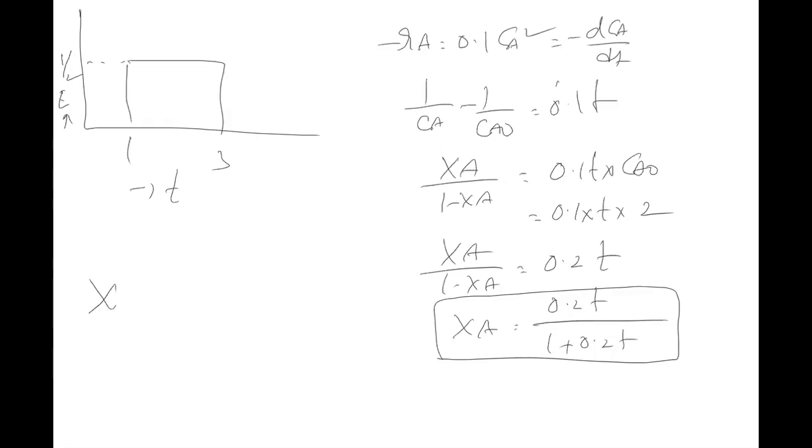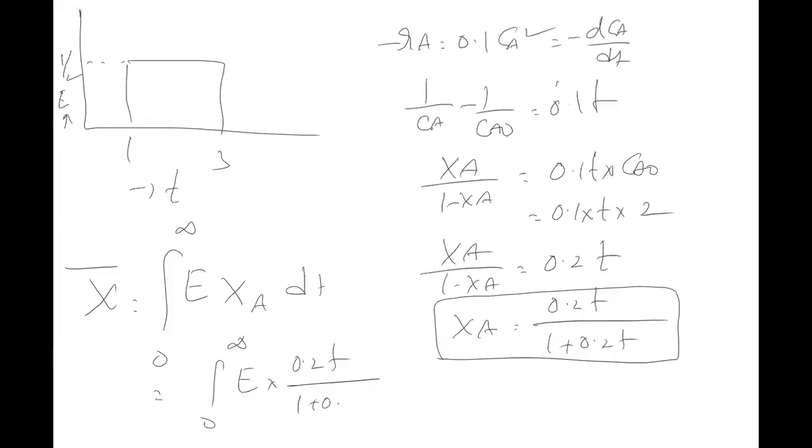Then the average conversion is the integral 0 to infinity of E into XA dt. So it is 0 to infinity E into 0.2 T divided by 1 plus 0.2 T dt. This is X bar. Clear?